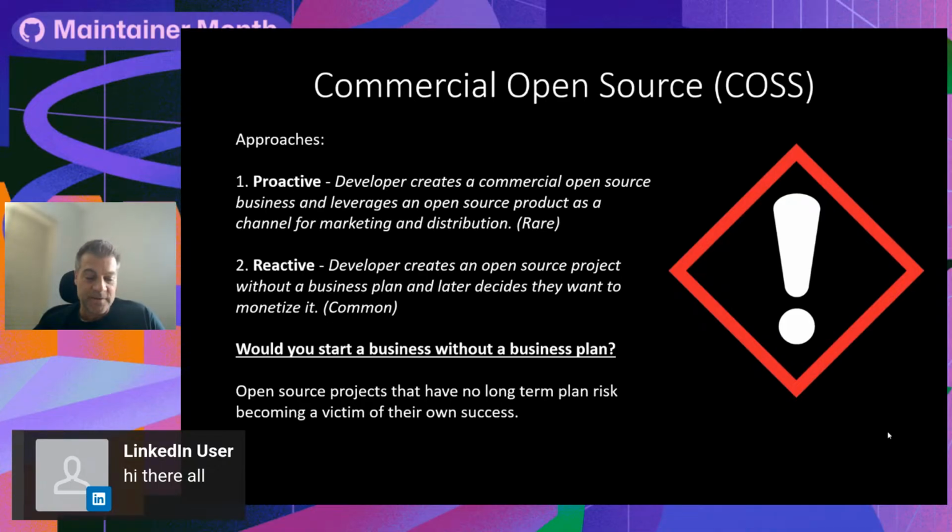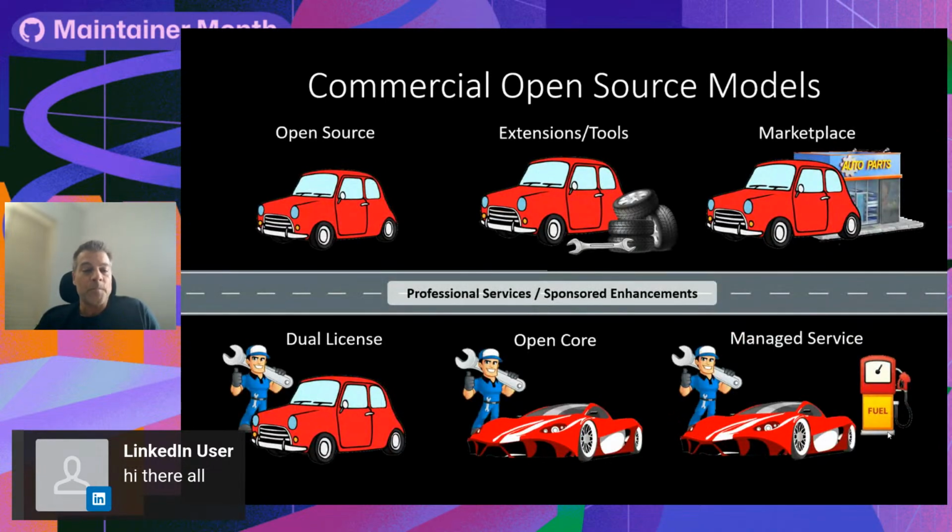Would you ever start a business without a business plan? Of course, some people do, but it's generally not a recommended practice. Open source projects that have no long-term plan or haven't thought about business models or sustainability often become a victim of their own success. If their project takes off, they're going to be overwhelmed and they have no plan. That is not a good position to be in.